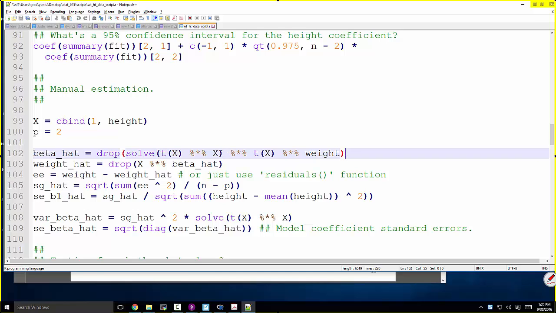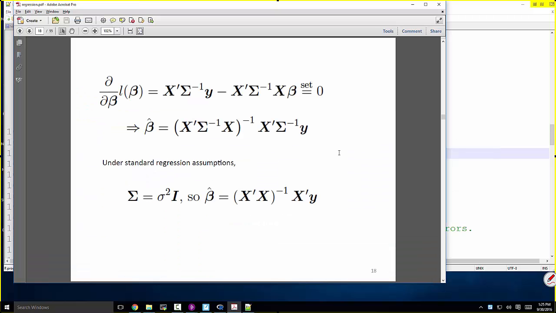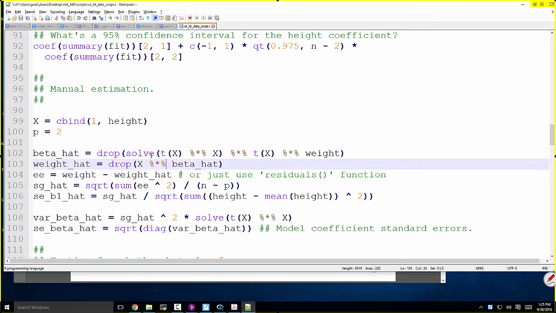So big picture here is that we're doing X transpose X inverse times X transpose Y. This is mimicking this. We have the design matrix, so I just need to do X transpose X and invert that, multiply by X transpose Y. You can invert a matrix in R using the solve function. t(X) means transpose X. This means matrix multiplication.